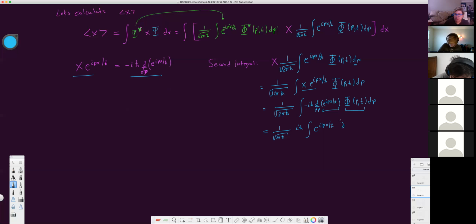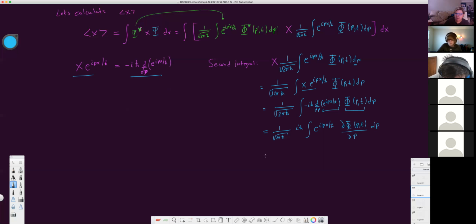And I'm going to use a partial derivative now because this is phi. So technically I got to use a partial because phi is a function of p and t, right? So partial p dp.